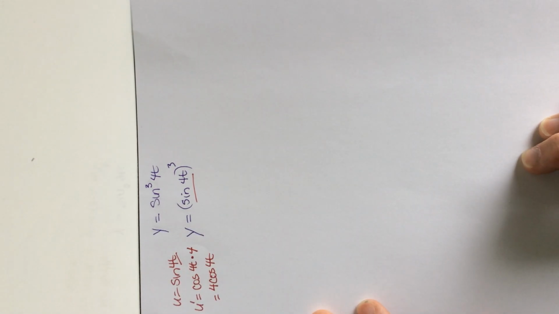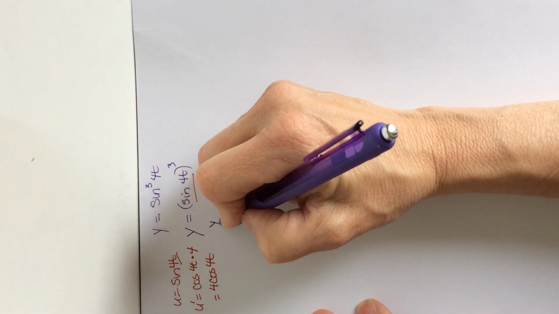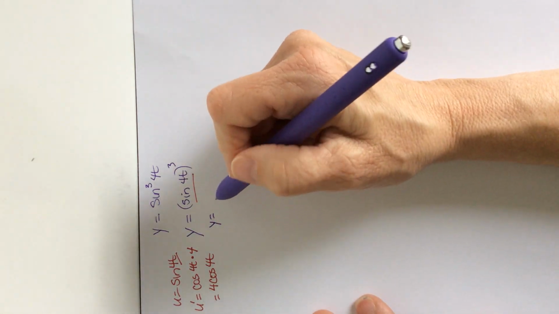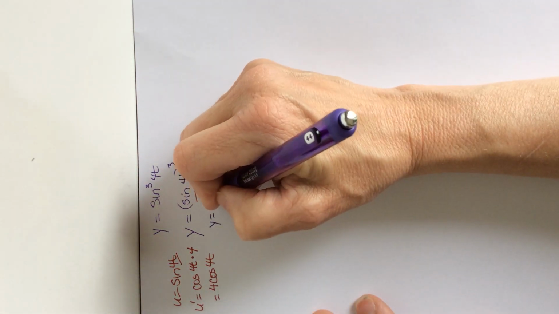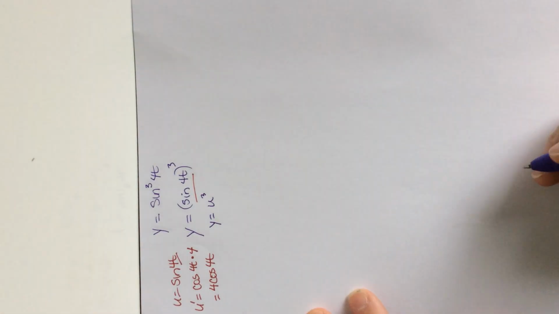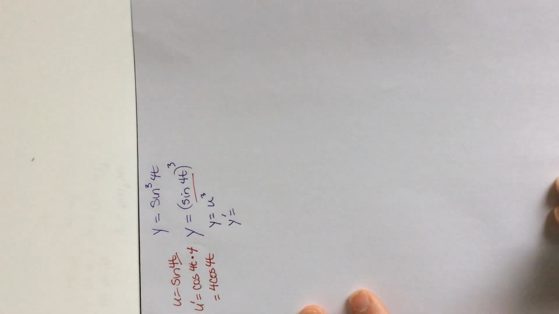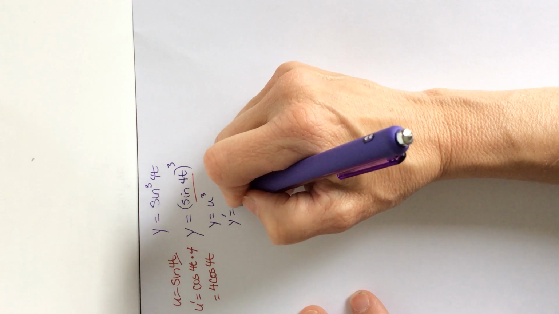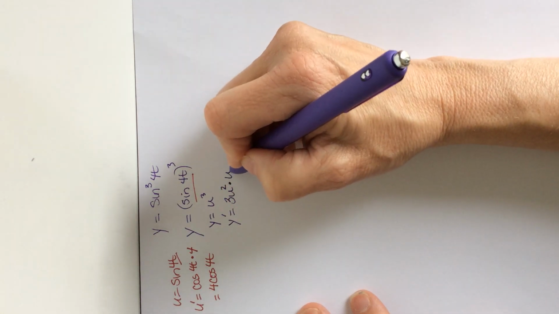Okay, so now when I rewrite this original equation as y equals the sine of 4t to the third, I'm going to replace with u. This would be u to the third. The derivative of this in terms of u will be y prime equals 3u squared times u prime.